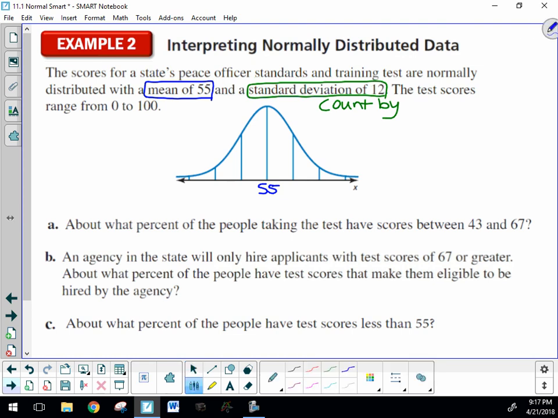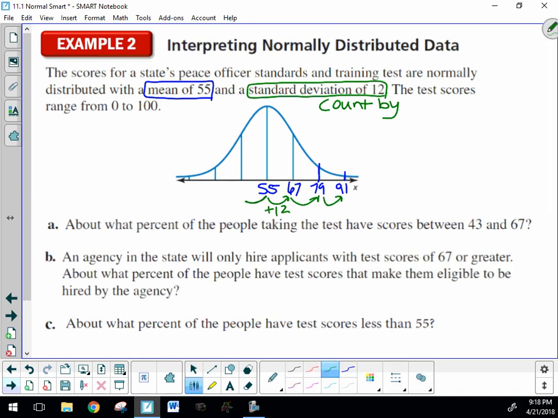So one standard deviation above the mean would be 67. I got that simply by adding the standard deviation, which is 12. And to get the next division mark right here, I would just add another 12. So this would be 79. And the last one is going to be 91. Again, we're just counting by 12s.